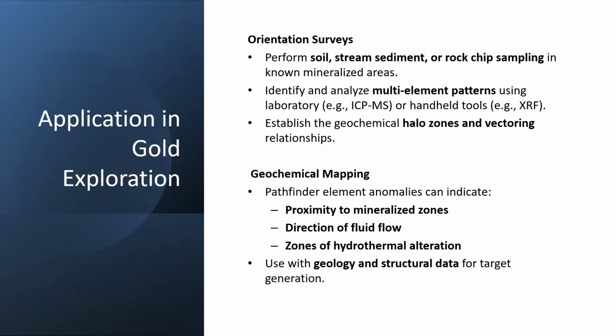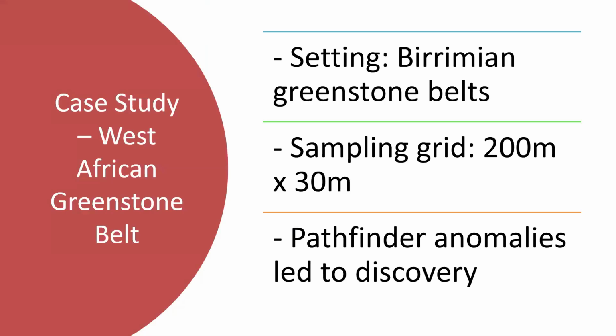This can indicate your proximity to areas of mineralization and the way the fluid is flowing, because some anomalies start from certain locations and diminish as you move to other locations. This will also give you some idea of alteration zones, like potassic alteration, sericitization, and carbonatization, and other kinds of alteration involved with gold exploration.